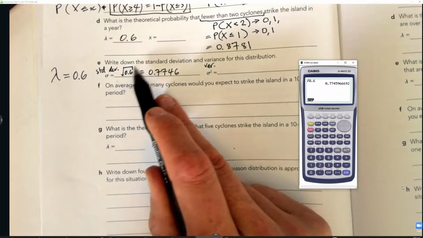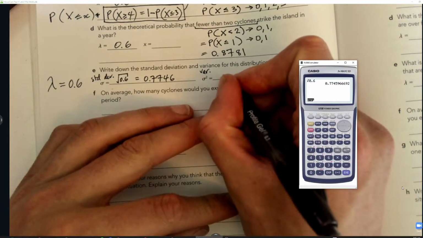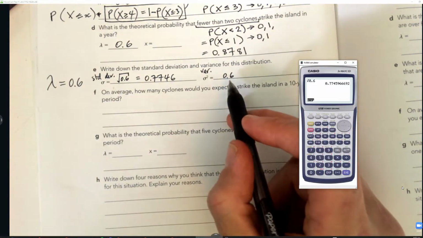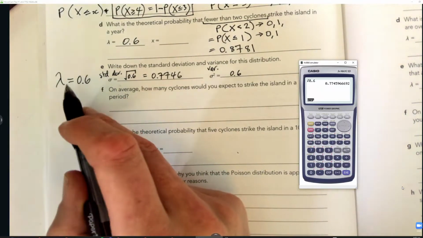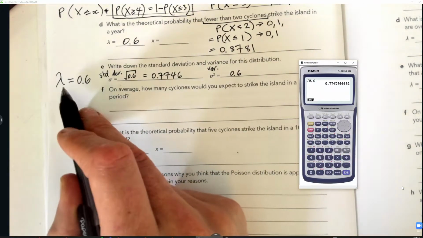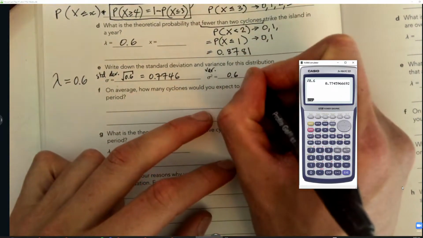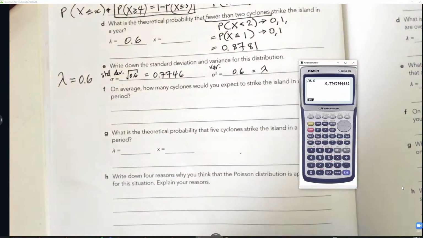So if we were to square this, it just takes us back to 0.6. So that means the variance is 0.6. And by definition, lambda is both the mean and the variance, so you can just write lambda there. Anytime you're trying to work out what the variance is, it just is what lambda is.